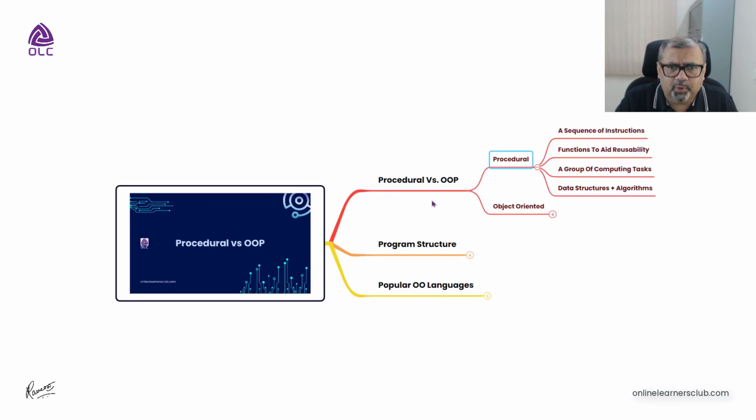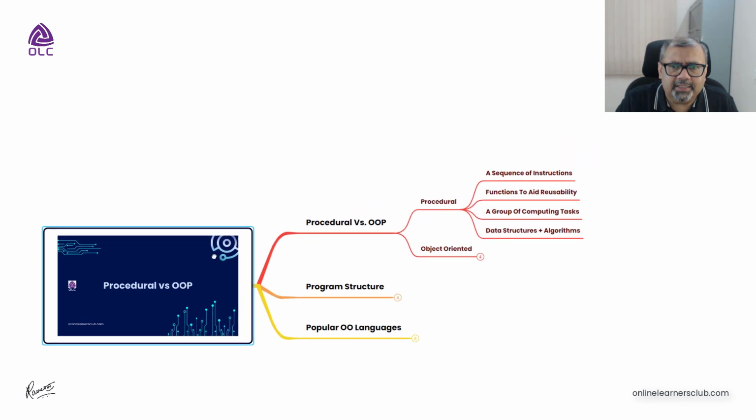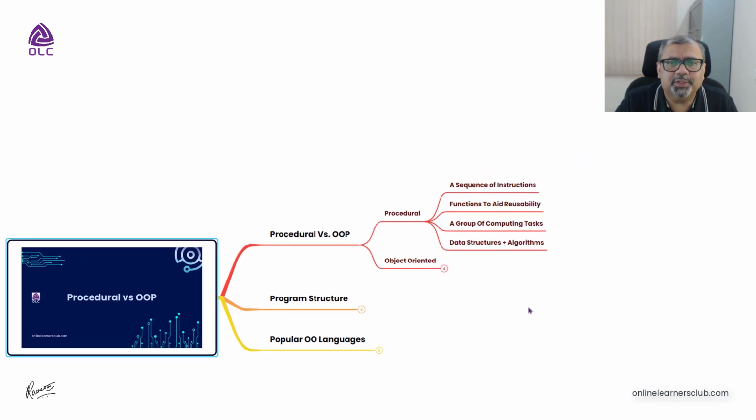So procedural programming is nothing but a sequence of instructions, as simple as that. And it has functions, where a function can be a reusable entity, so I can reuse that function. For example, if I want to compute the area of another rectangle with a different length and width, I can pass them to the same compute area function and get the area of a new rectangle.